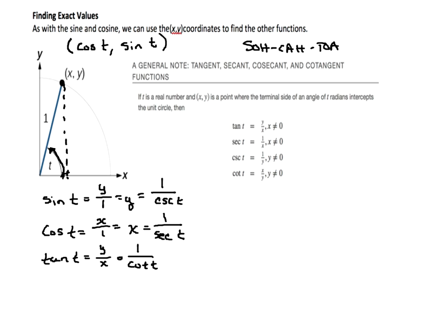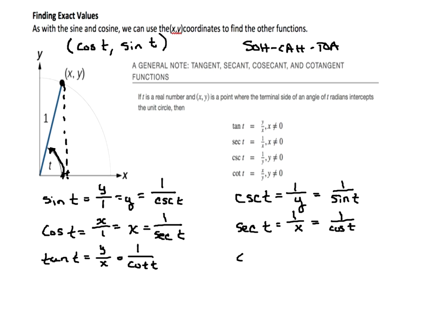Okay, so sine is reciprocal to cosecant, which means cosecant is 1 over y, or 1 over the sine of the angle. Cosine is reciprocal to secant, so this is 1 over x, or 1 over cosine t.